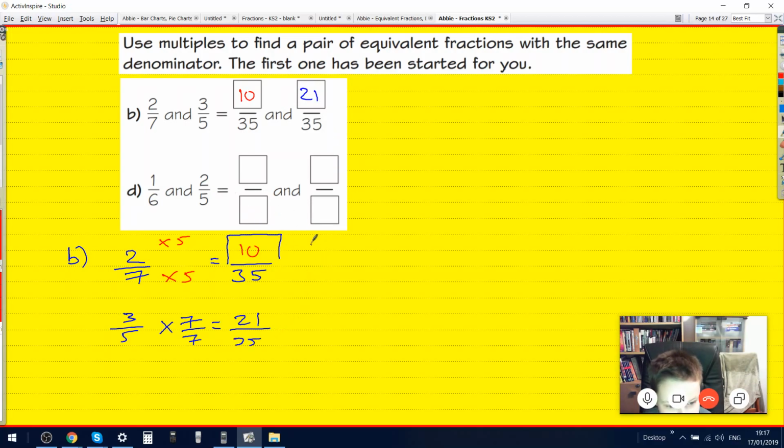Okay, and then how about the D? Right, so this time they haven't given us the bottom number, so we need to work that out and the top number. So we need to times 6 and 5 together to make 30. Well done.